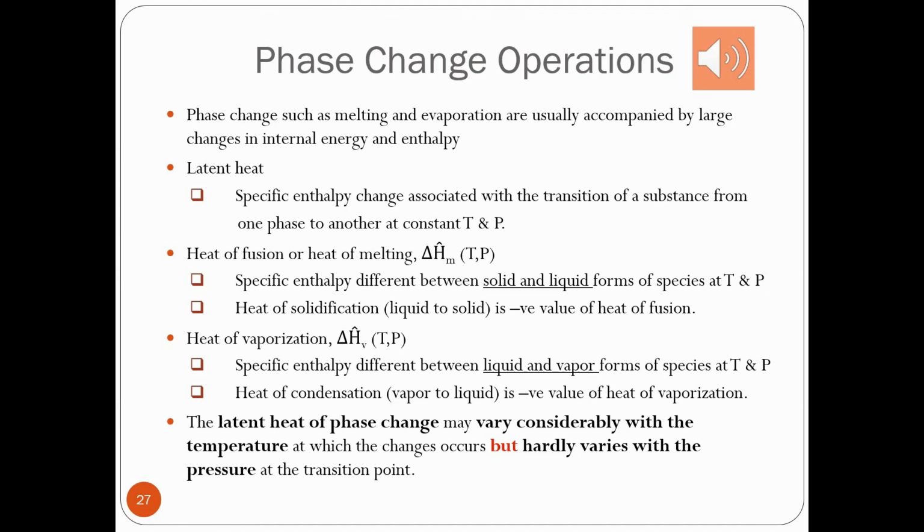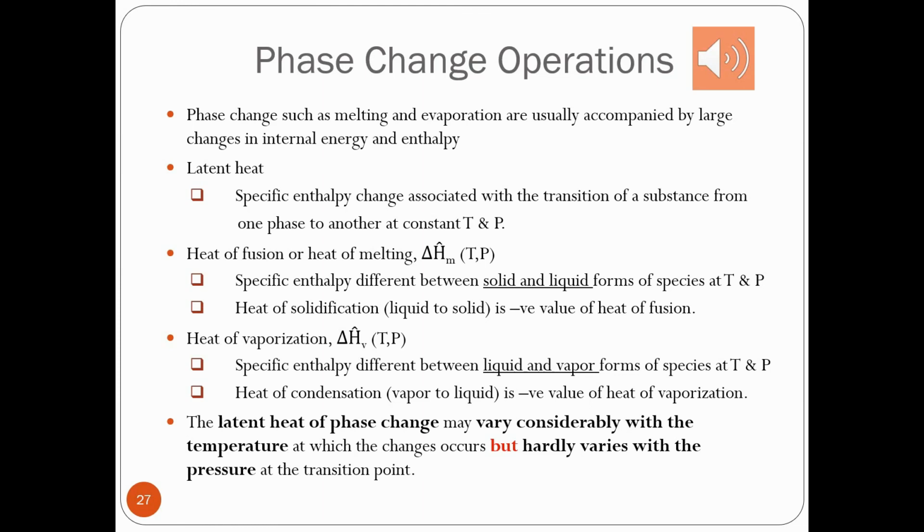The most common are melting and vaporization. Melting, also called the heat of fusion, is the specific enthalpy difference between the solid and liquid. This is where the phase changes from solid into liquid at a given constant temperature and pressure.